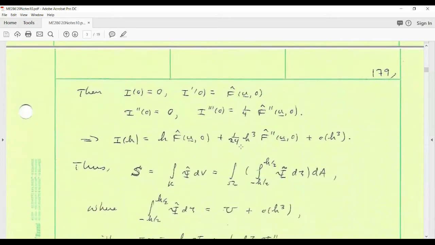Put that in the expression for I of h, the integral, and you get the quadratic term disappears because the I double prime is gone, right?